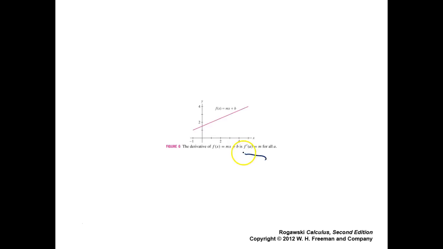What was our definition for a derivative? F prime of a. Do you remember that definition? There were a couple of different forms of it. Do you remember what they were? The limit as x approaches, okay, I'll let you give me the formula for it. F of what?